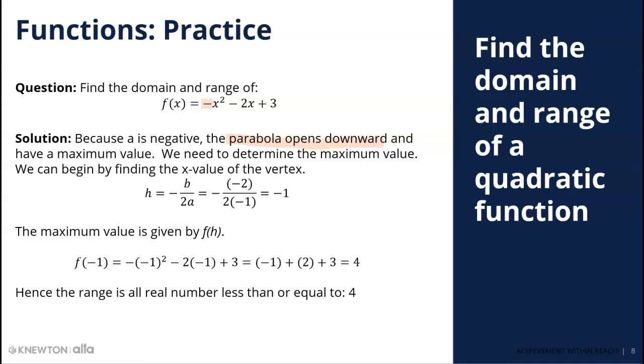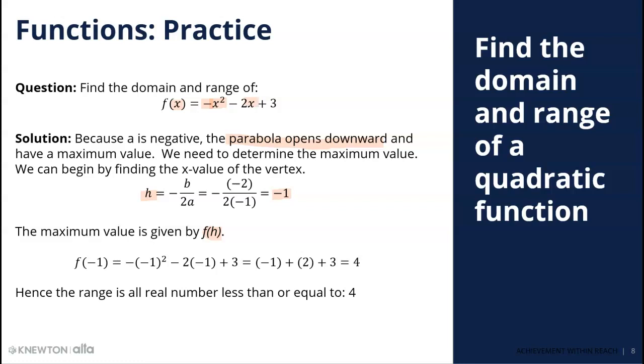And the maximum value is the y-coordinate of the vertex. So to get the y-coordinate of the vertex, we just need to evaluate our function at the x-coordinate of the vertex, so evaluate it at h. We have h equal to negative 1. So we're just going to replace all the x's here by negative 1.